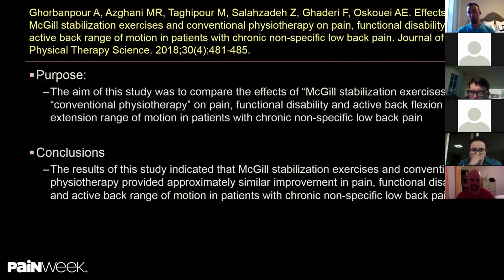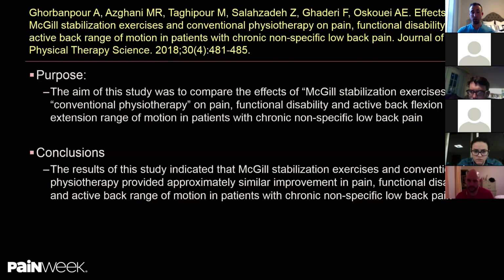And the results showed that there was no significant difference between doing the highly specific McGill Big Three exercises and doing some single knee to chest, some double knee to chest, some pelvic tilts, and some bridges.